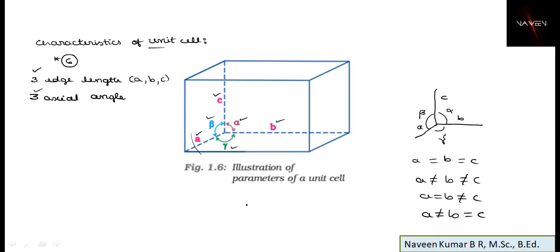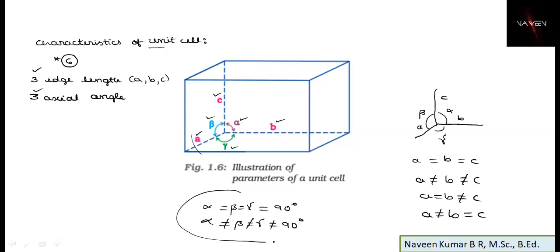Similarly, the angles may be mutually perpendicular, that is alpha is equal to beta is equal to gamma is equal to 90 degree, or alpha is not equal to beta is not equal to gamma is not equal to 90 degree, or two may be equal to 90 degree, one may be more than 90 degree or less than 90 degree, like this.